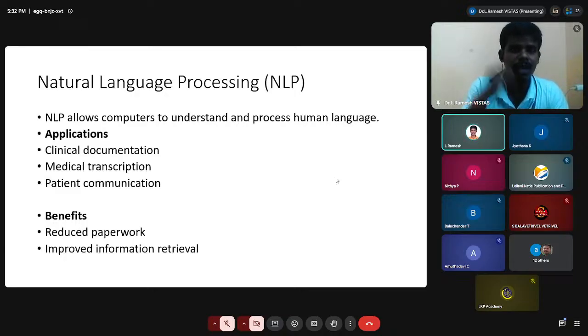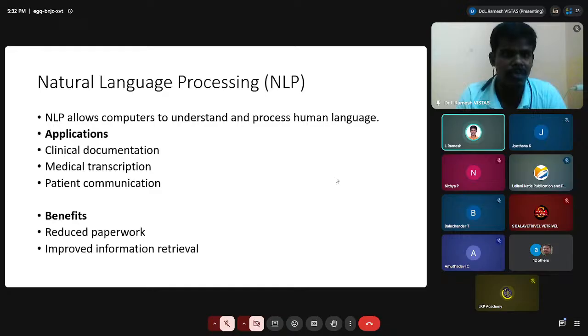The human language is used to train the particular machine or computer to understand the particular language. It is known as natural language processing.